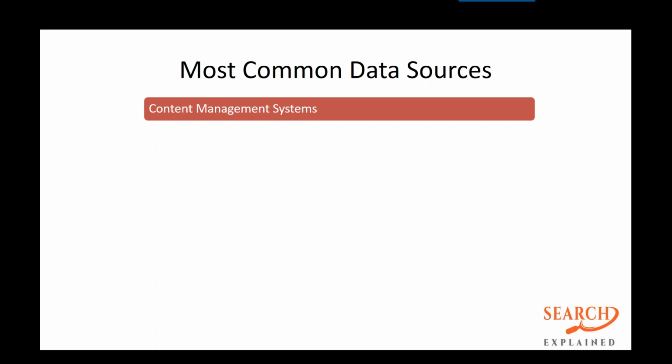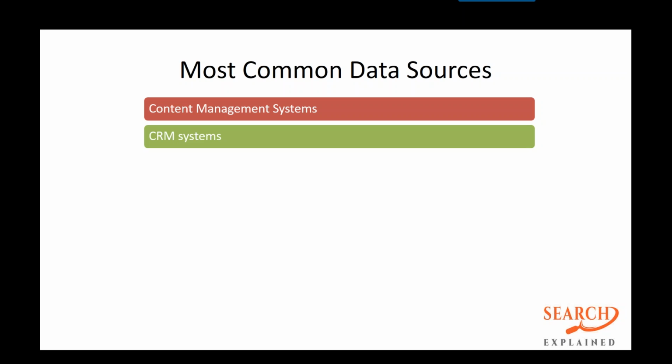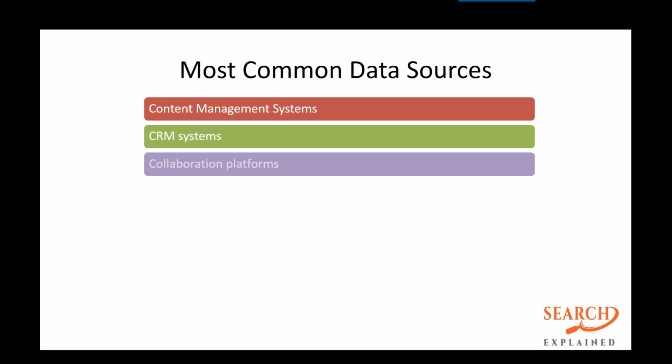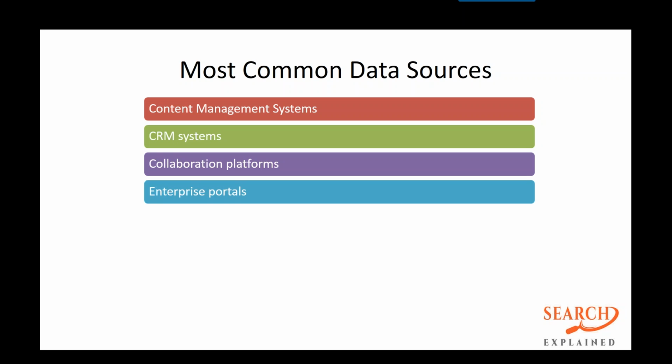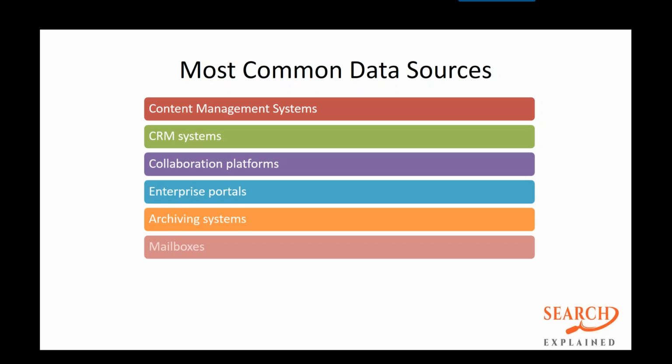Of course, business connectivity services is probably not enough if you want to connect them to SharePoint search. You can connect your CRM systems as well, like Microsoft Dynamics CRM, several collaboration platforms, enterprise portals like IBM WebSphere or Oracle Portal, your archiving systems, your mailboxes.